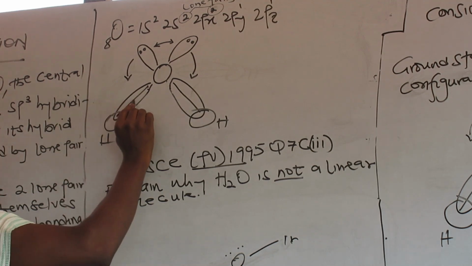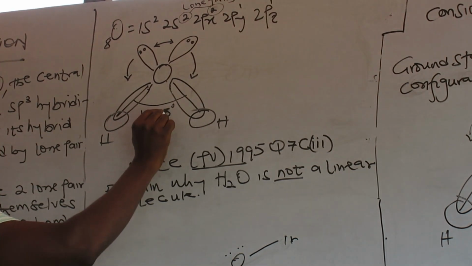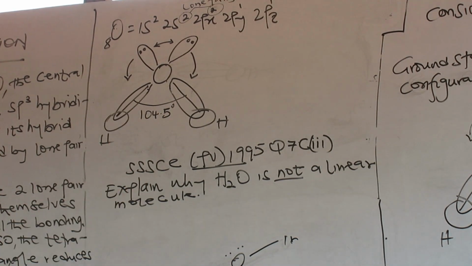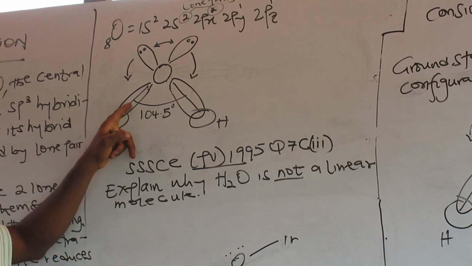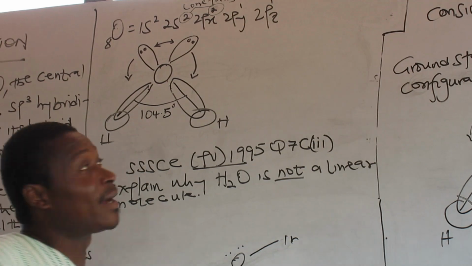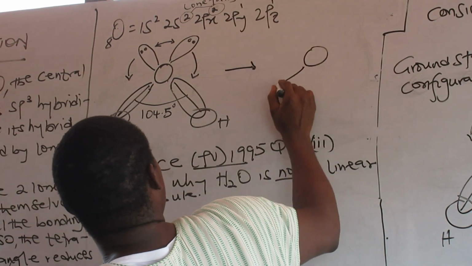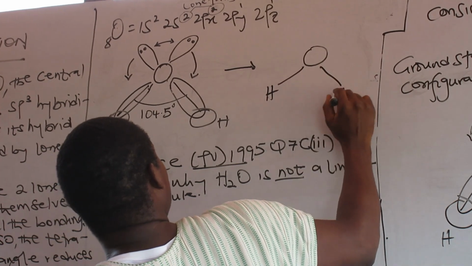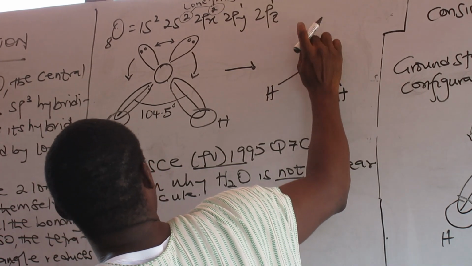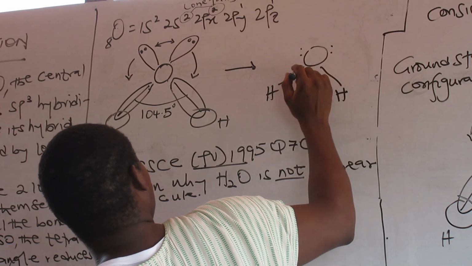So you get what we call 104.5 degrees. Water has what we call a bent, angular or V shape. You see the bond angle, the line drawn from the nuclei of the two atoms. So at the end, you get this. After repulsion, you don't expect them to be here. Good.